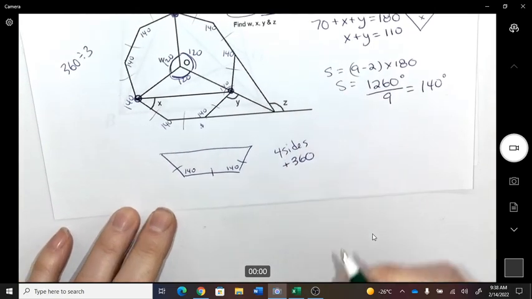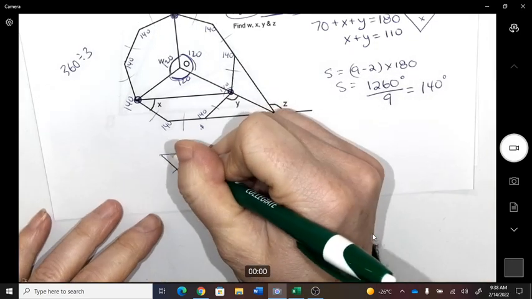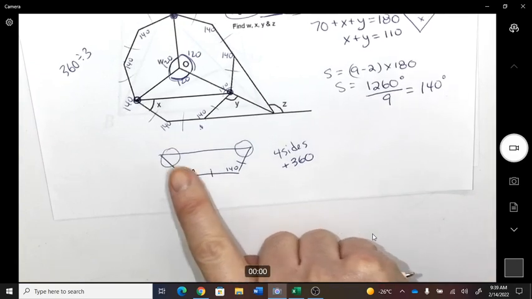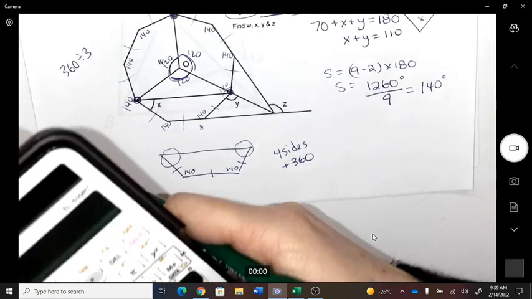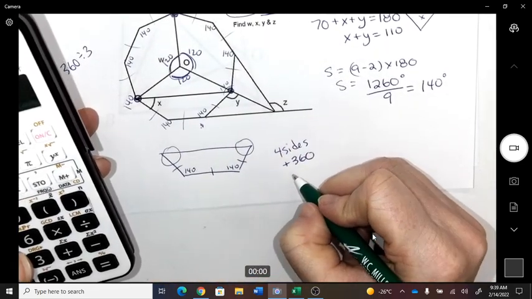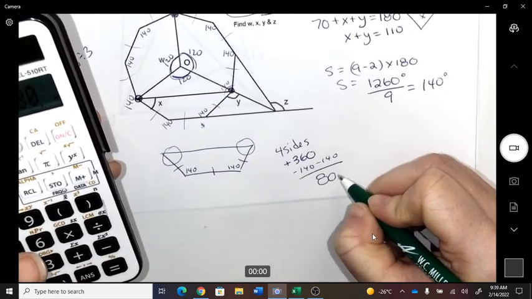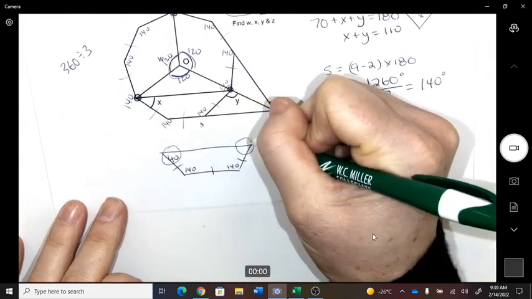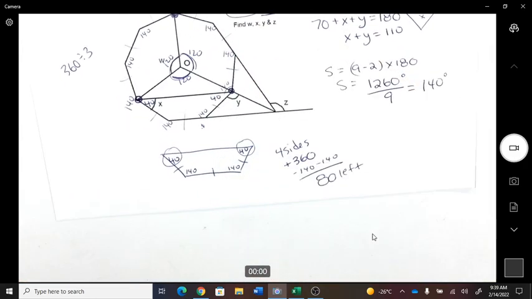I need to add up to 360 in a 4-sided shape. So also, there's a property with these equal sides. Those angles will be equal. Okay, so can we go 360 subtract 140? I have 80 degrees left, so each one of these will be 40. So angle X is 40.